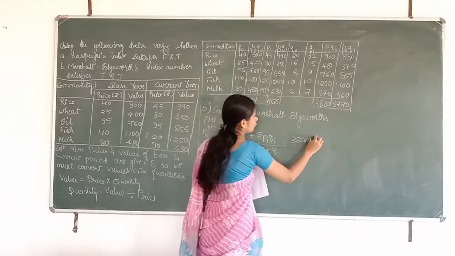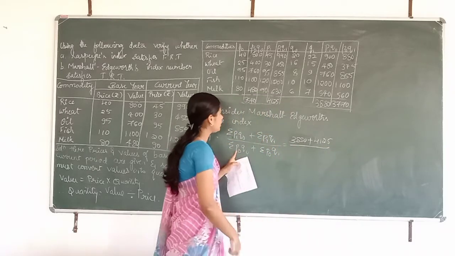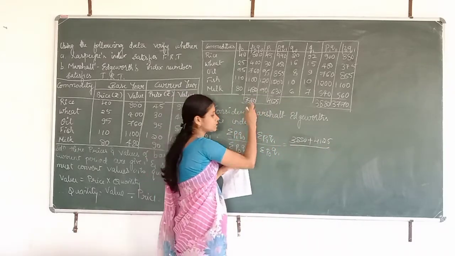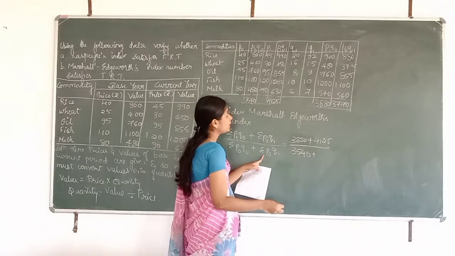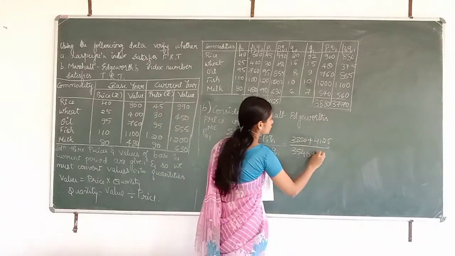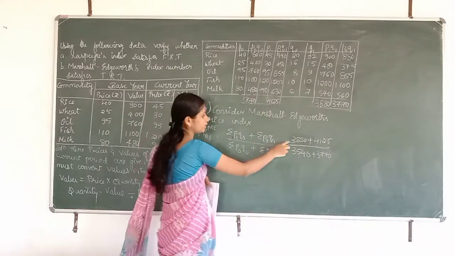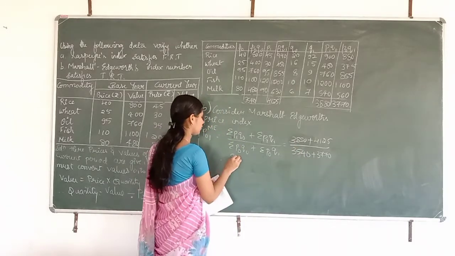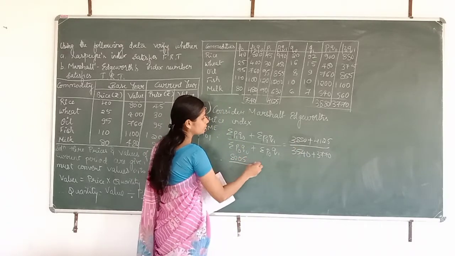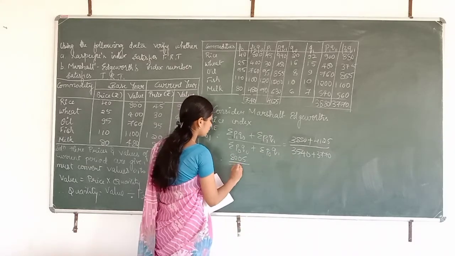So 4125 divided by P0 Q0 total, which is 3540, plus P0 Q1 total, which is 3770. Now we will simplify it. 3880 plus 4125 is 8005 divided by 3540 plus 3770, which is 7310.